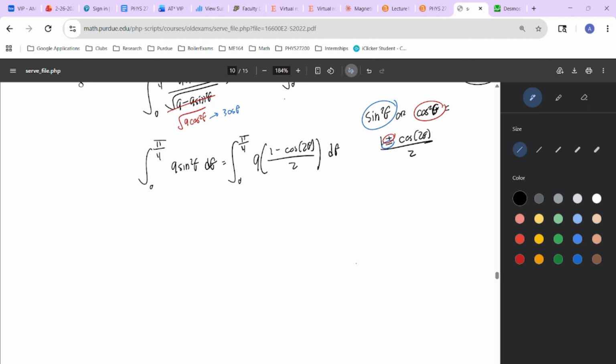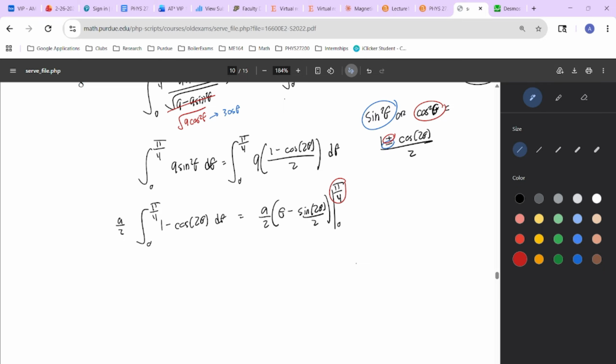You can bring out a 9/2 as a constant to simplify the integral. 1 minus cosine of 2 theta d theta, again from 0 to pi over 4. When you integrate that, that's pretty simple. That's 9/2 multiplied by theta minus sine 2 theta, all of that over 2, and then from 0 to pi over 4 as the difference.